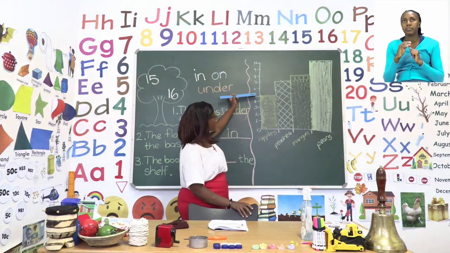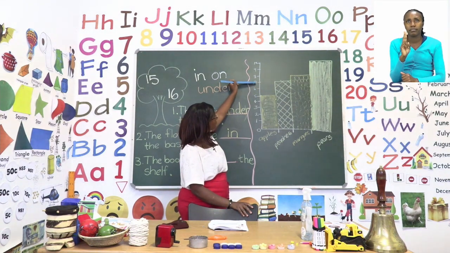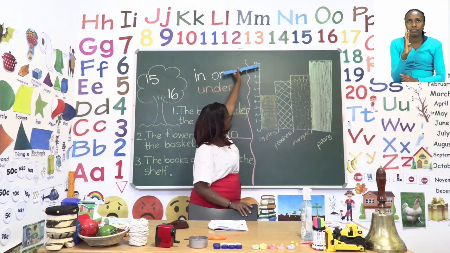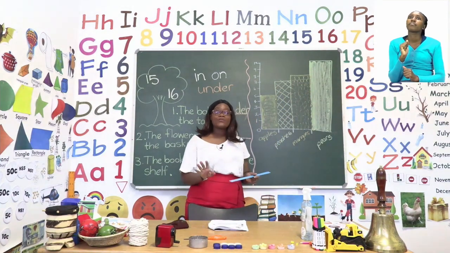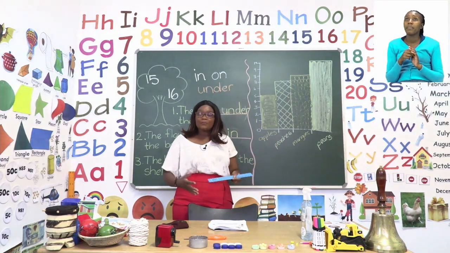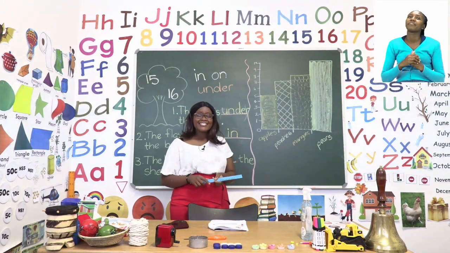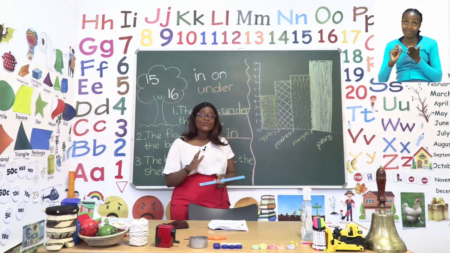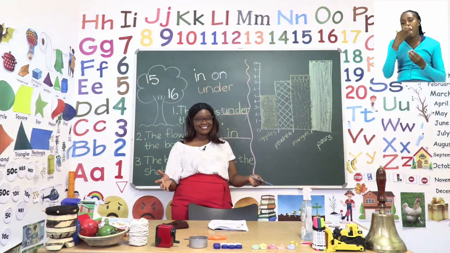So we say 1, 2, 3, 4, 5. That means that there are 5 more pears than there are apples. So, make sure you write that down and say 5 more pears.